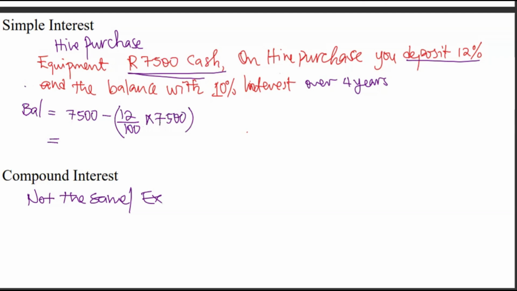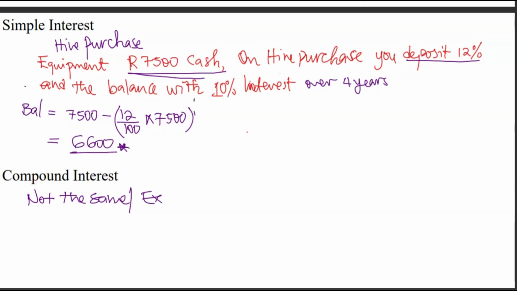So we are looking for 12% times that money. That is the balance after removing 900. So 12% of that is 900. Now this is the money that's going to carry interest.